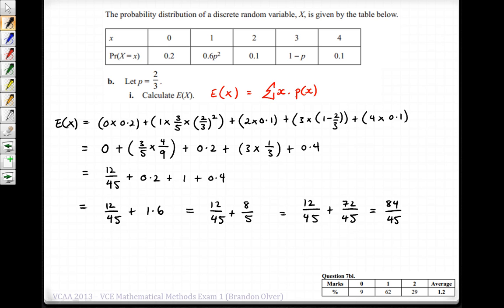And then what can we simplify that down? 3 goes into the bottom one, and 3 goes into the top one. So I think we can simplify that down into 28 on 15. So I hope that's the correct answer. That's as simple as I think I can make it look.